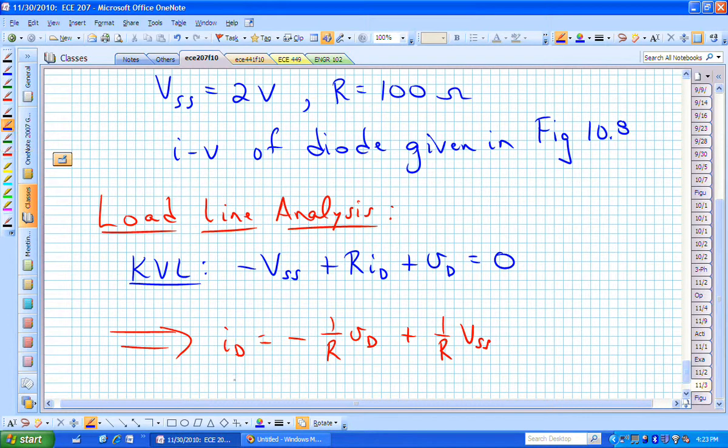What we're treating as our variables are these two, the current through the diode and the voltage dropped across the diode. But in terms of those two parameters, this looks like a straight line.